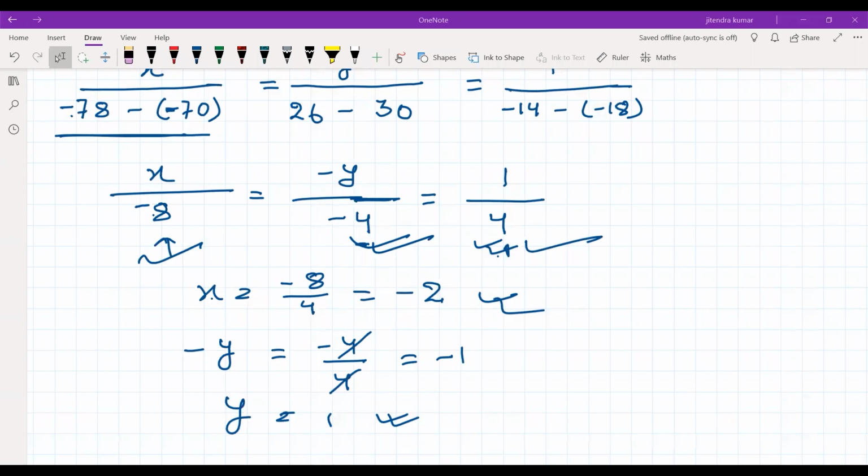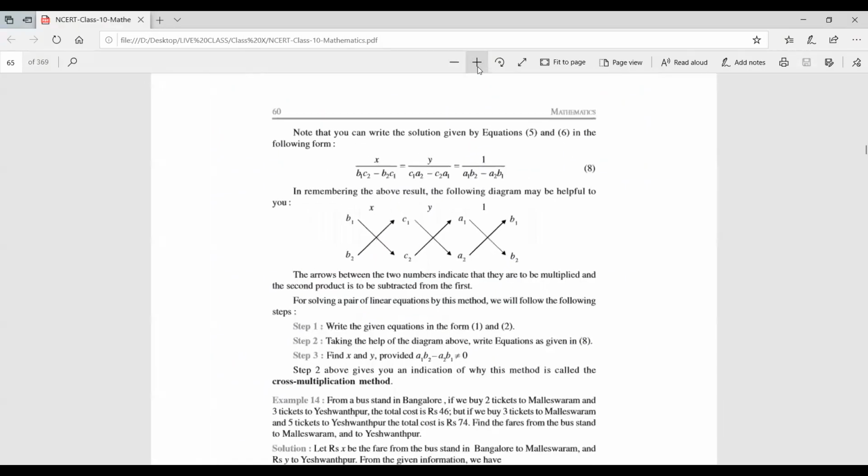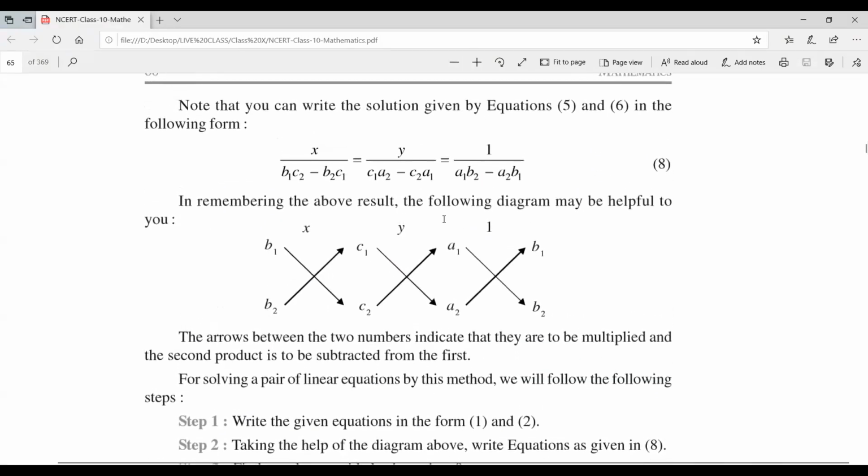See, if you see your book here, they have not written the minus sign, but if you see at the bottom, they have written C1A2 first and then C2A1.